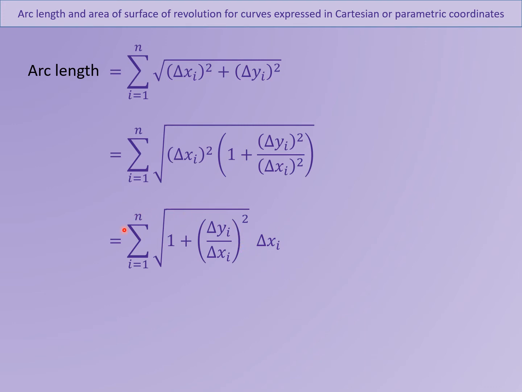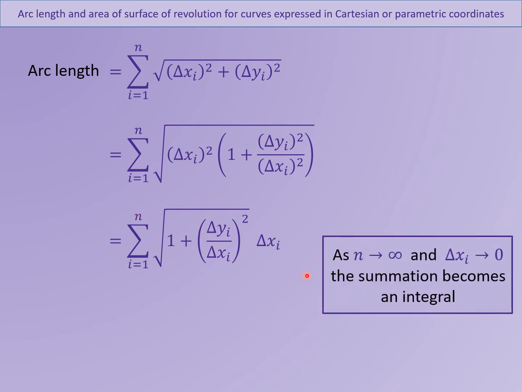Now I know, because I've seen this before with the sum of limits, that the smaller and smaller the delta x, the change in the x value, becomes, the bigger and bigger the number of straight lines you're trying, what's going to happen to this summation notation is it's going to tend towards a limit. If it tends towards a limit, that's when I can replace it for an integration.